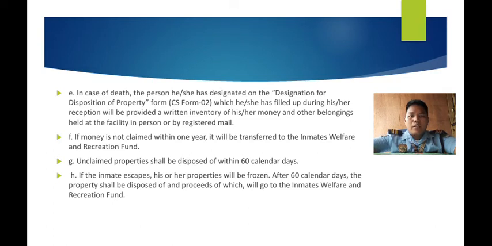F. If money is not claimed within 1 year, it will be transferred to the inmates' welfare and recreation fund. Unclaimed property shall be disposed of within 60 calendar days. If the inmate escapes, his or her properties will be frozen for 60 calendar days. The property shall be disposed of and the proceeds will go to the inmates' welfare and recreation fund.